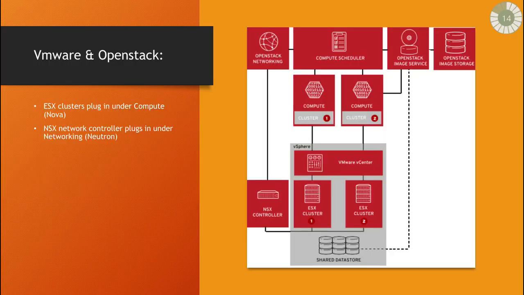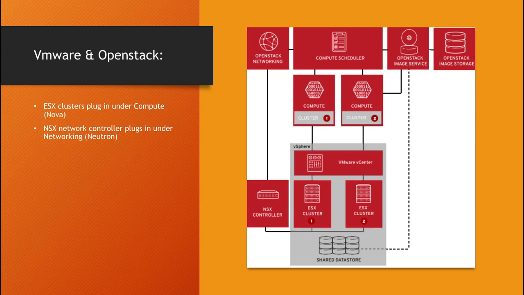One more thing to remember: your compute service can work with VMware as a backend hypervisor. It has various plugins to work with that. The compute plugin works under compute, or Nova, and helps to connect with your ESX cluster, whereas the NSX network controller plugin works under your OpenStack network service, called Neutron.